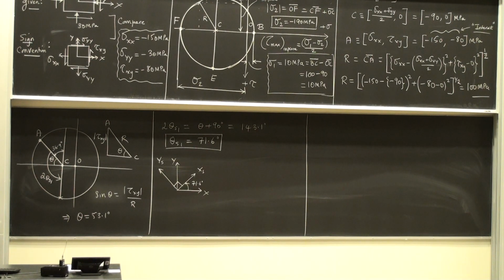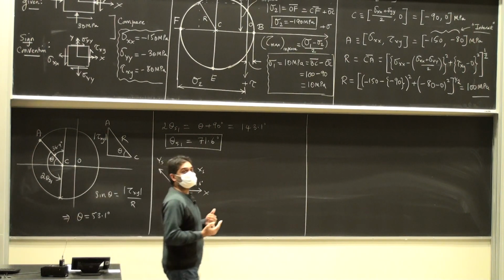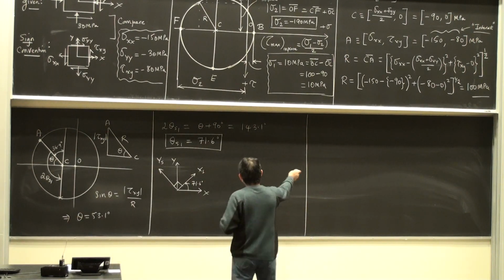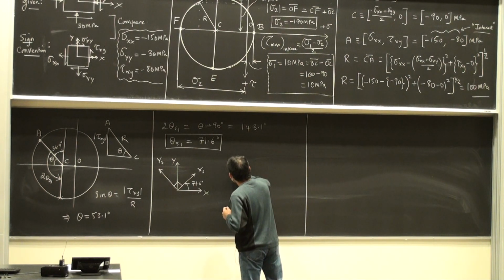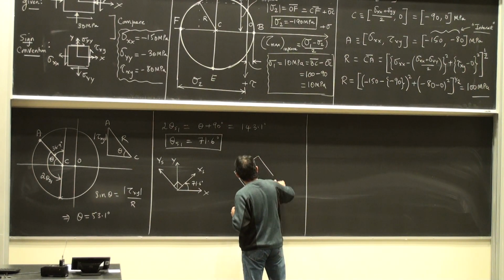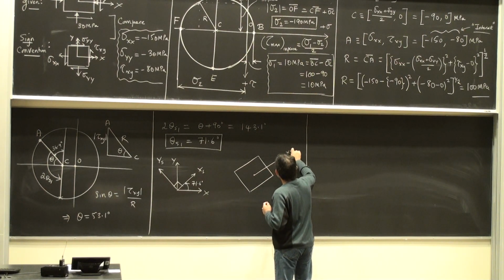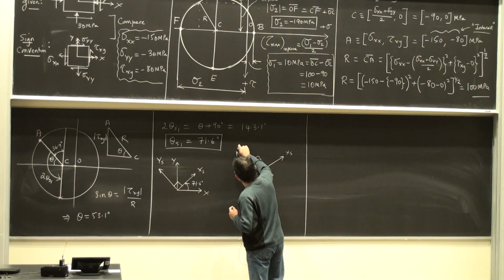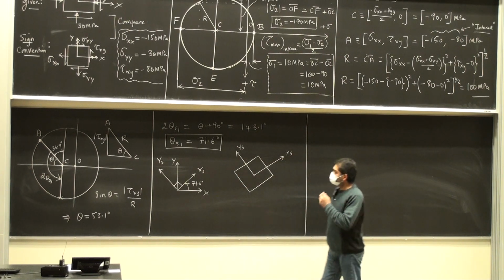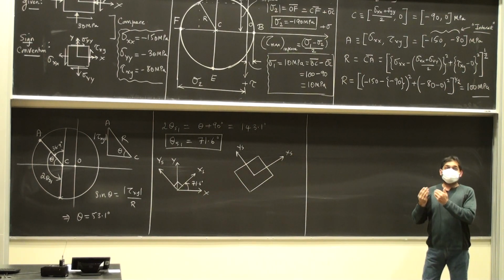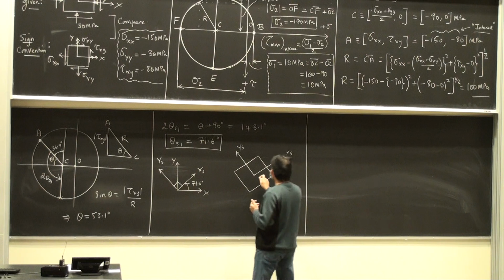Now I'm going to draw the state of stress by assuming the xs and the ys as the direction that is rotating the plane state of stress. Okay, so here's my plane, xs, ys. The rotation is with respect to the positive x-axis.